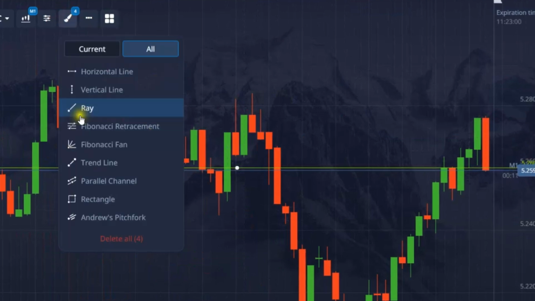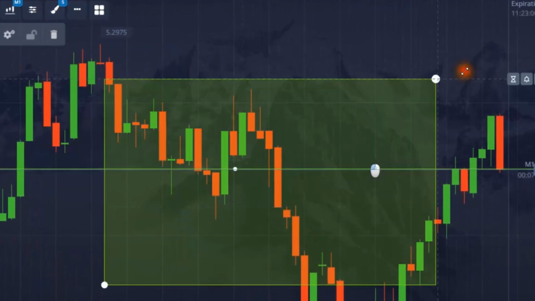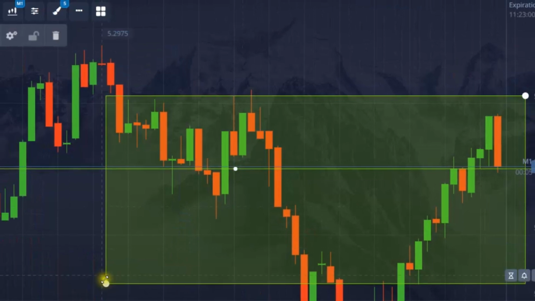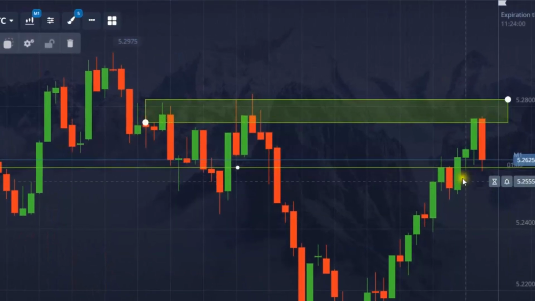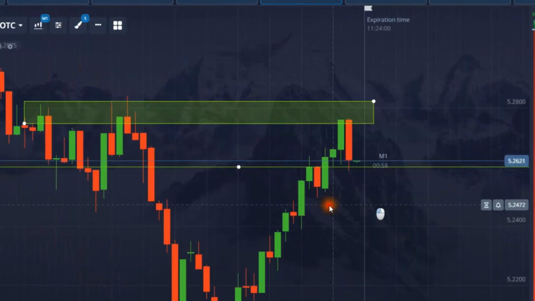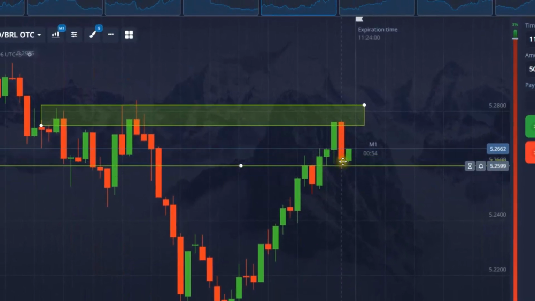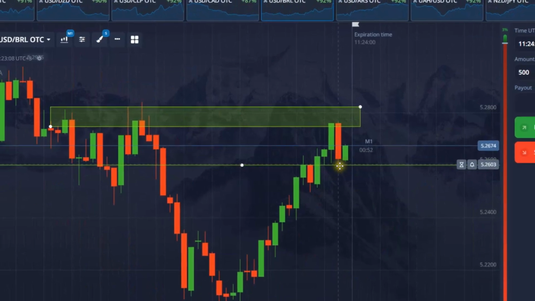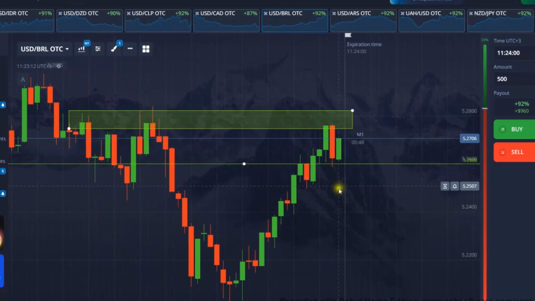So we have this resistance area right here. The market hit this resistance area, and our demand area right here might not work. Although it worked, it was not a very healthy trade. So we could have taken that, and the sellers would have kept on pushing the market downwards.